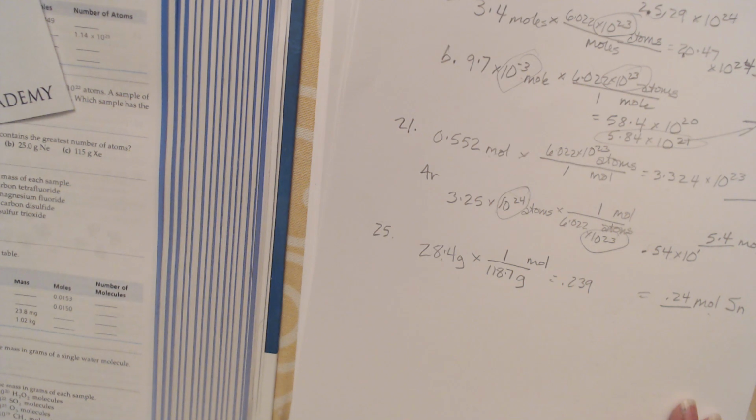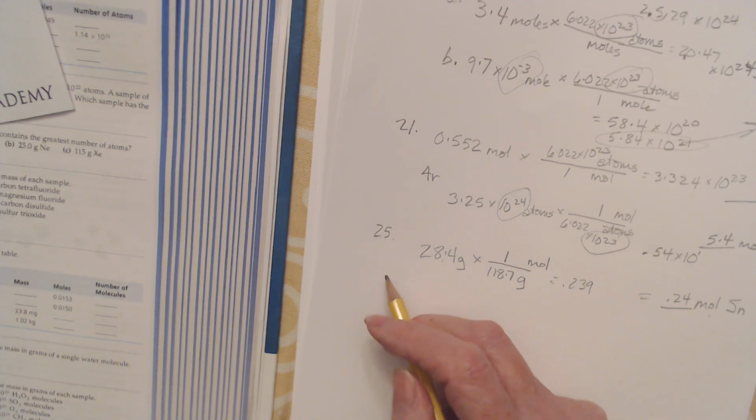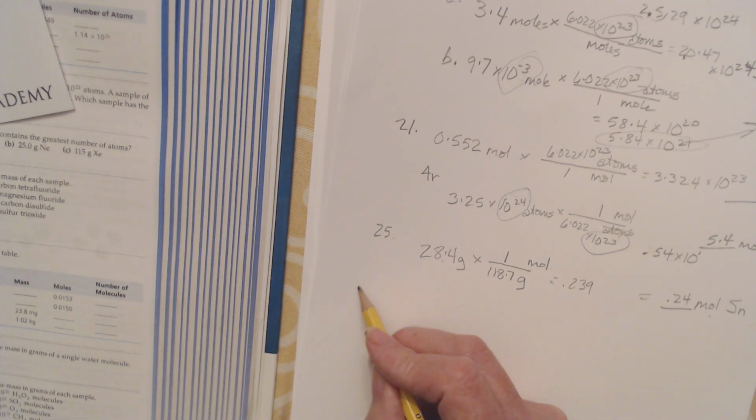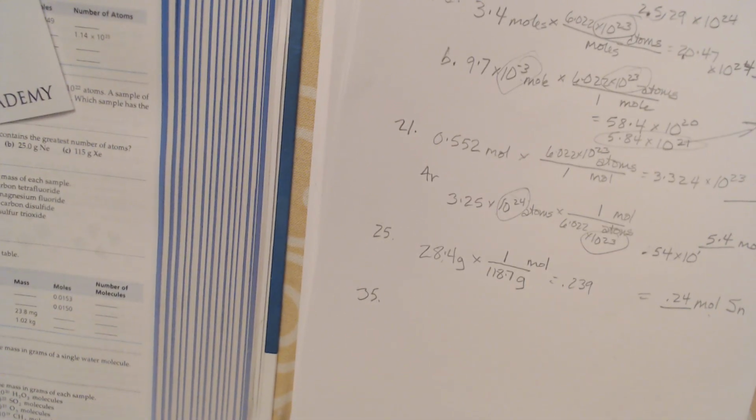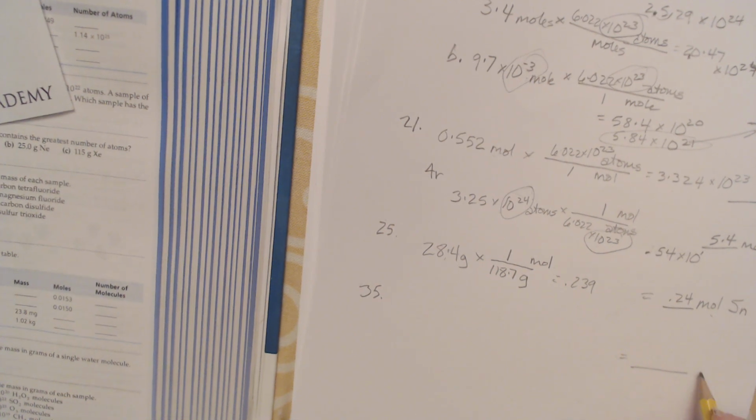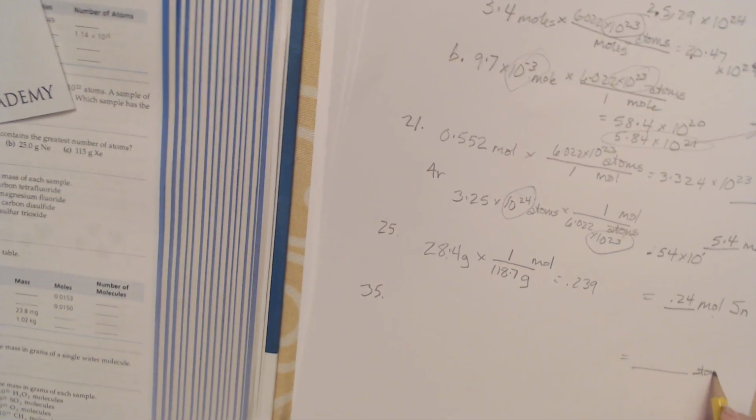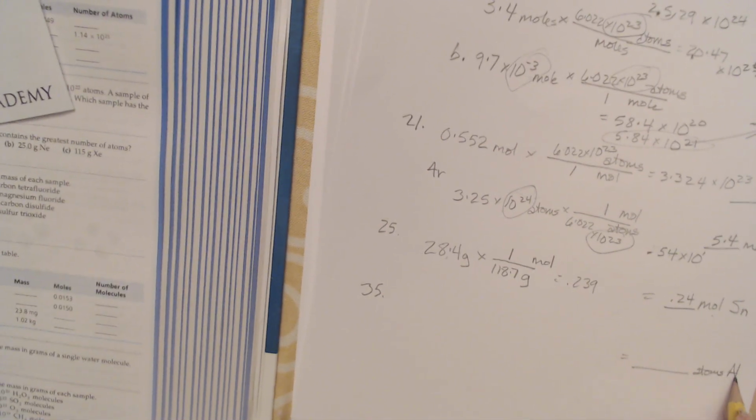All right, let's see. We did 25, what should we do next? Let's do 35, shall we? Okay, 35. How many aluminum atoms are in 3.78 grams of aluminum? All right, so let's do that. My answer that they're asking for is the number of atoms of aluminum, right?